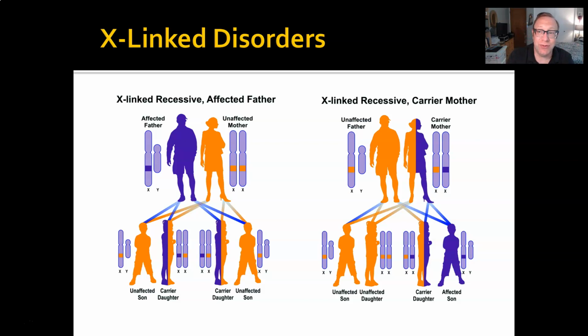They might pass it on to their children, but they will not be affected by the condition. Now, if you have a carrier mother, one of these daughters here, and she has children with an unaffected father, he does not have a defective version of this gene.